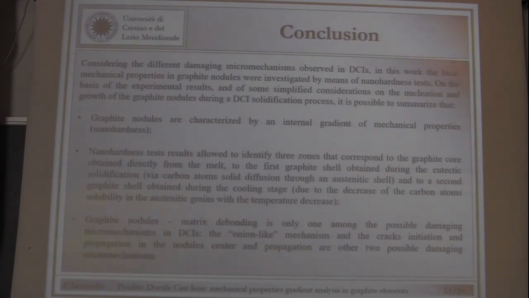This is due to the formation of this region of nodules, because the diffusion at the solid state in the austenitic phase after the solidification at the eutectic temperature is a mechanism much different from the eutectic phenomenon, and it is different from the mechanism that involves the formation of nodules in liquid phase.